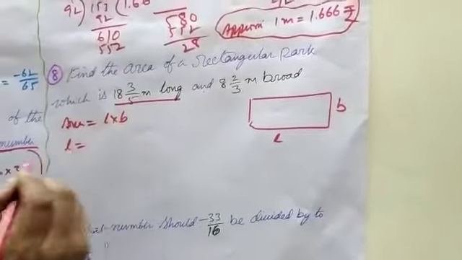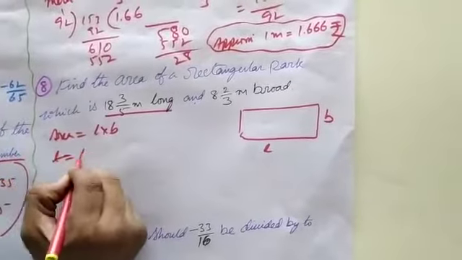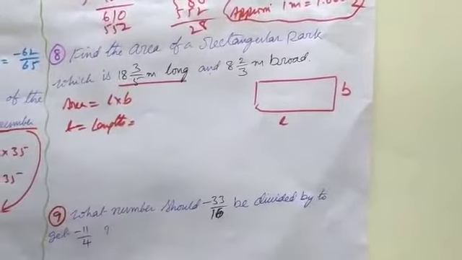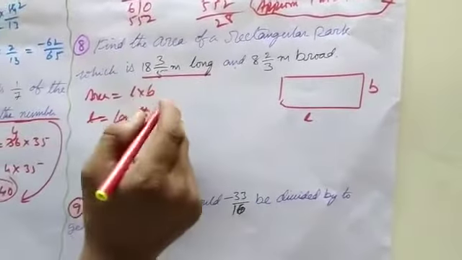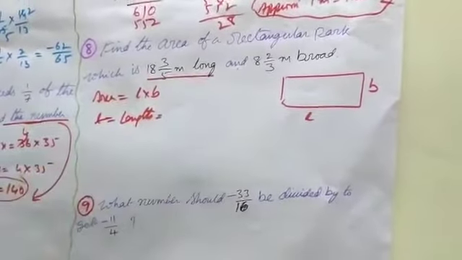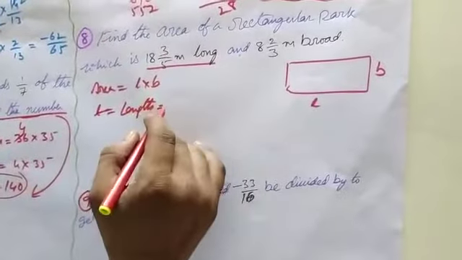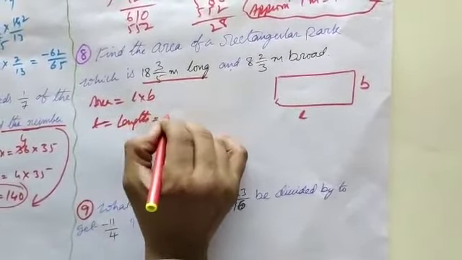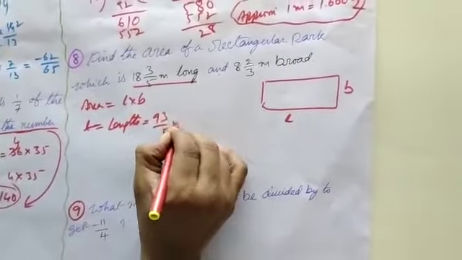Therefore the length is 18 5s are 90 plus 3, 93 by 5 meters.